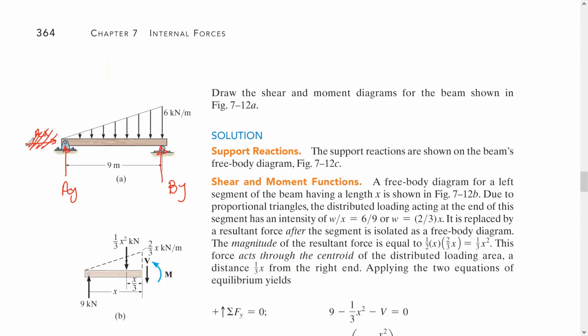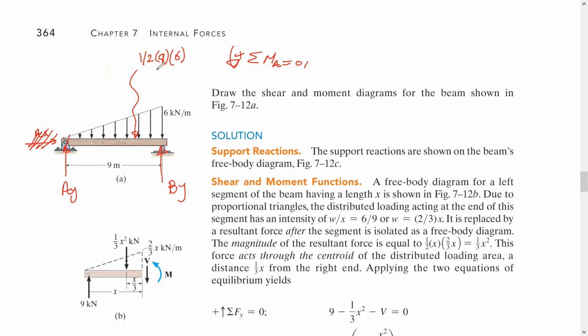So let's take the moment here at A. So assuming the moment at A equals 0, assuming it's positive counterclockwise, we do have what is the resultant for this force. It's going to be 1/2 times the base, which is 9 meter, times 6 kilonewton per meter.